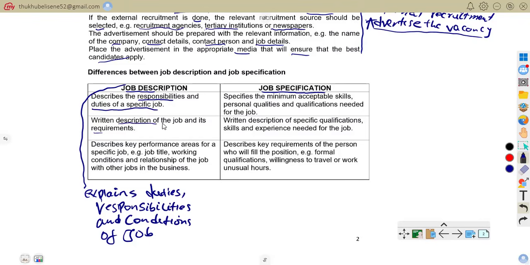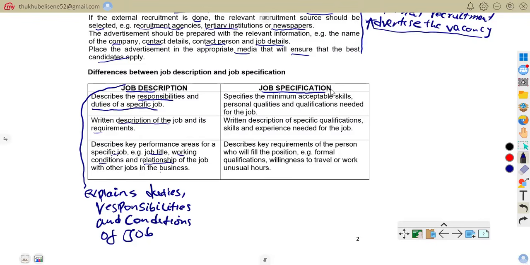So there should be a written description, like a driver is supposed to transport goods and keep logbooks. It describes key performance areas for a specific job, for example the job title, the working conditions, and the relationship of the job with other jobs in the business. So that's when you're talking about a job description.